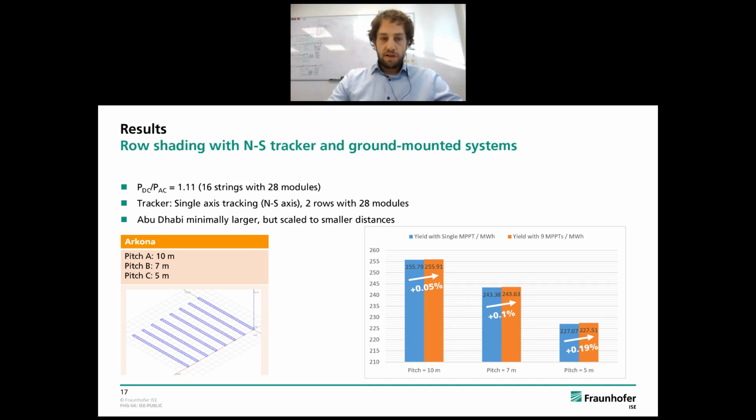Also here, these results are for Arkona. When you go from a pitch of 10 meters down to a pitch of 5 meters, you will end up with more or less the same energy that could be recovered by multi-MPPT, which is only in the range of 0.19%. So it's basically in the same range as for the fixed tilt configuration that I have shown you before.